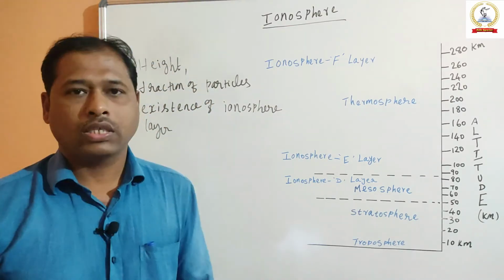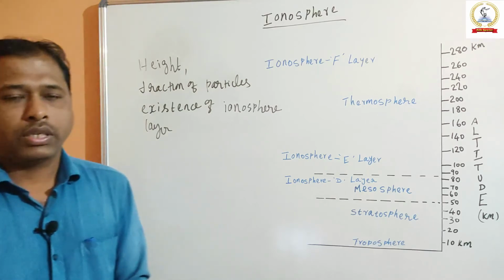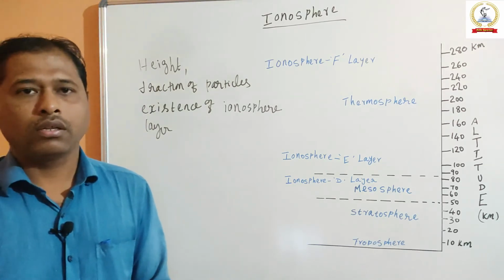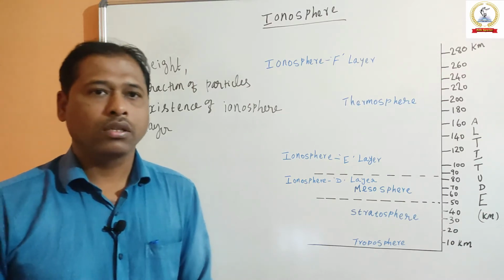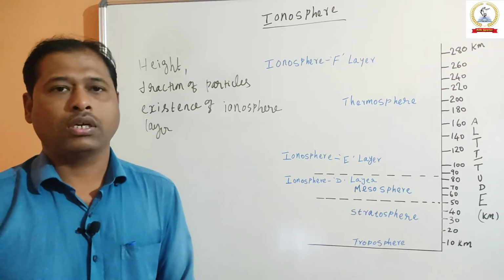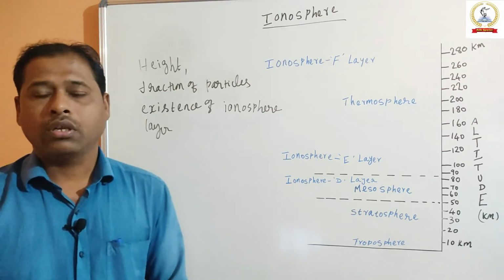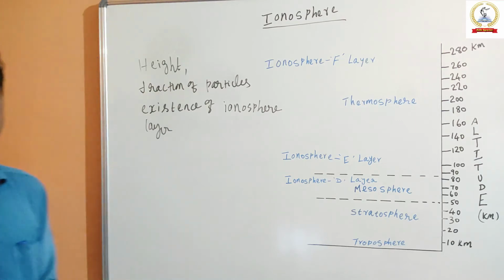Okay, as we discussed earlier, during the daytime X-rays and ultraviolet light from the sun continuously provide the energy that knocks electrons from atoms and molecules, producing a continuous supply of ions and free electrons.